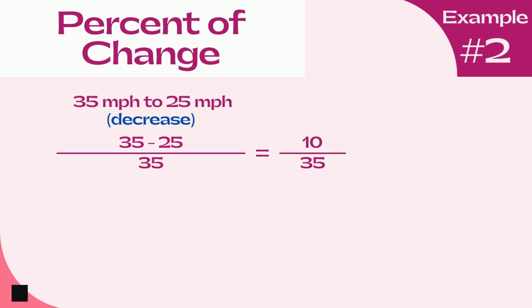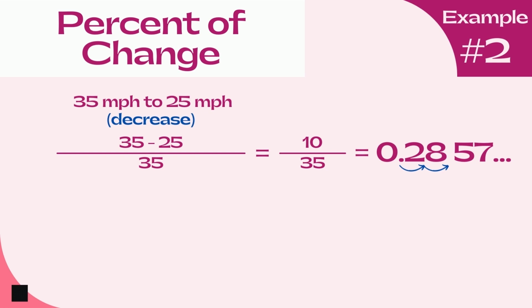Remember, in the first problem, when it was 25 miles per hour up to 35 miles per hour, we had 10 divided by 25. This time, it's 10 divided by 35. That gives us 0.2857, and it's going to continue to go on. But that's the decimal form, and we need the percent form.